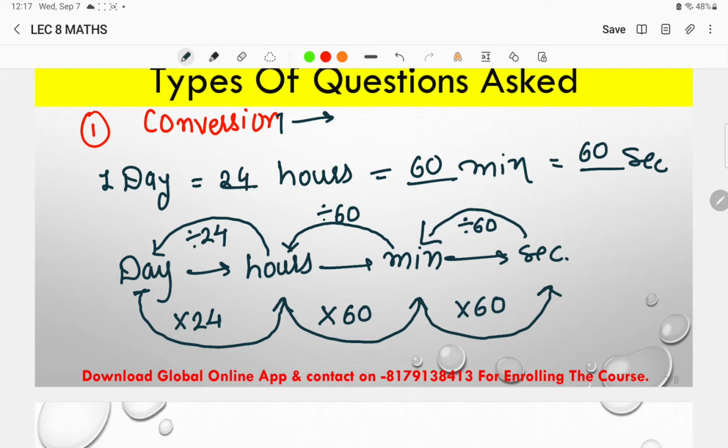If we are converting day into minute, we will multiply by 24 once and by 60 once. But when we are converting minute into day, we will divide by 60 once and then divide by 24.